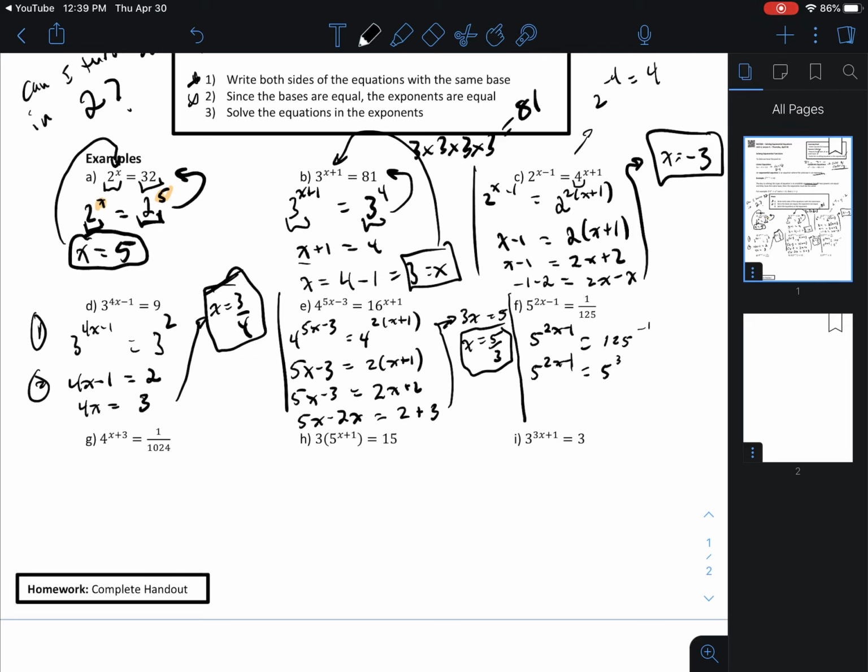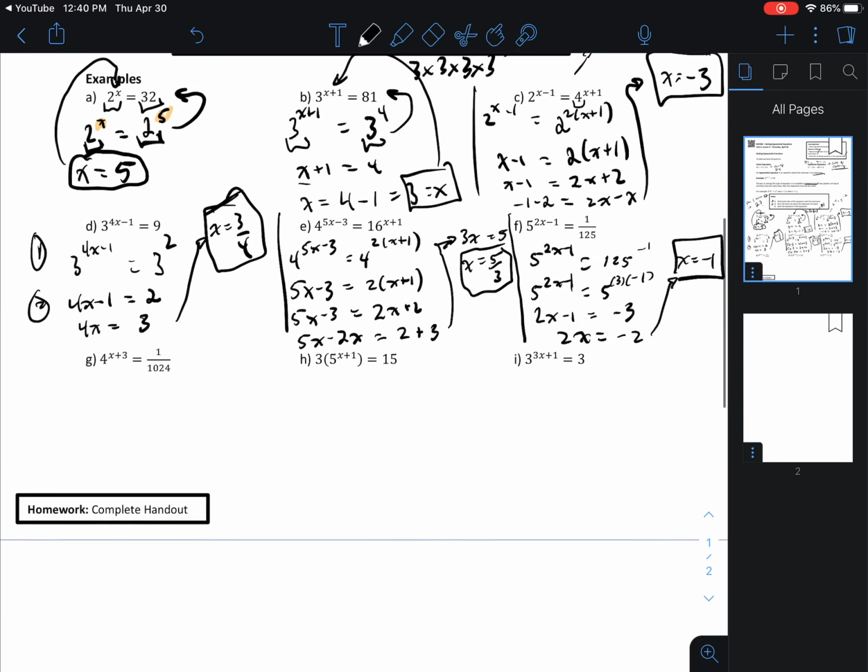So I can go 5 to the 2x minus 1 is going to equal 5 cubed to the exponent of -1, right? So these are going to be multiplied together. Well, actually, we don't need the bases anymore because they now match. So I can go 2x minus 1 is equal to -3. And then 2x is equal to -2, and x is going to equal -1.